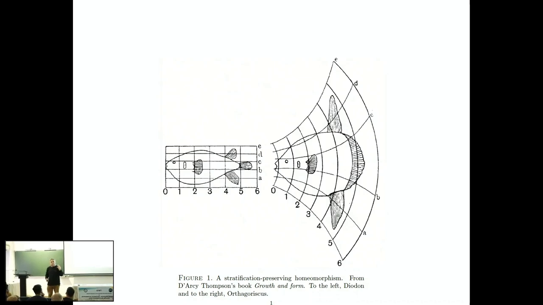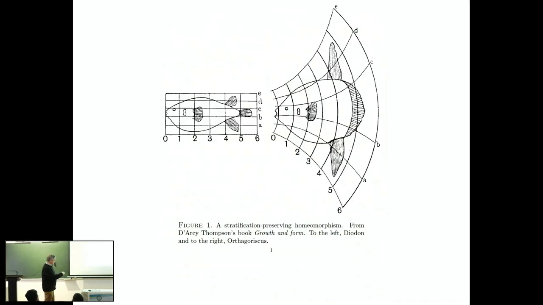It cannot preserve distances up to scale. So what is the question which a mathematician can ask? What is the best Lipschitz map from this figure to the left to this figure to the right? This is one of the main topics which I will talk about, best Lipschitz maps between surfaces.